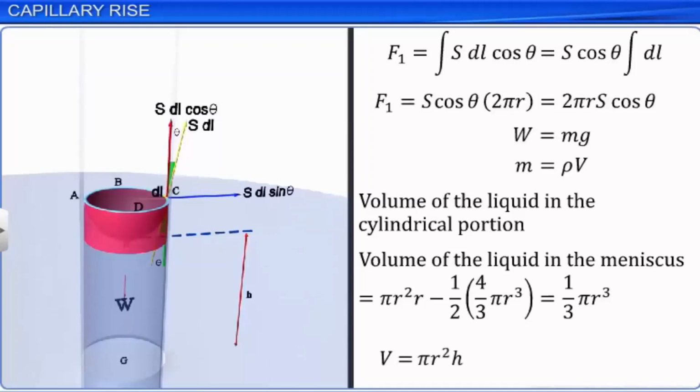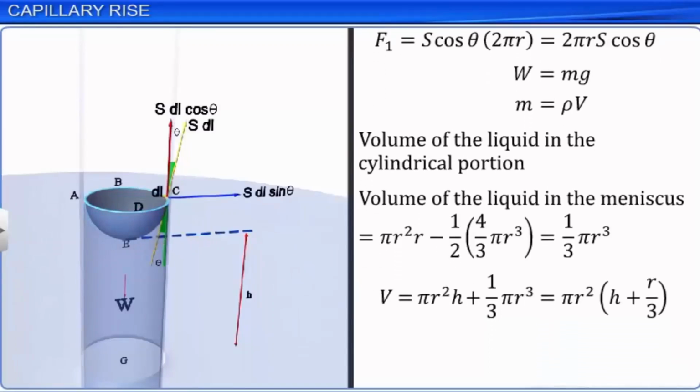Hence, the weight of the liquid in the capillary tube W is denoted by rho pi r square into h plus r by 3 into g.